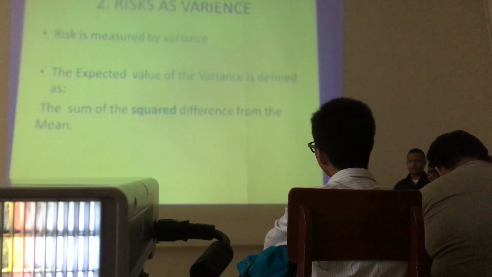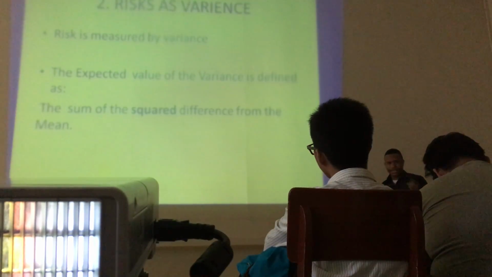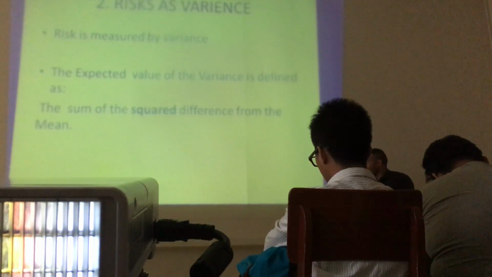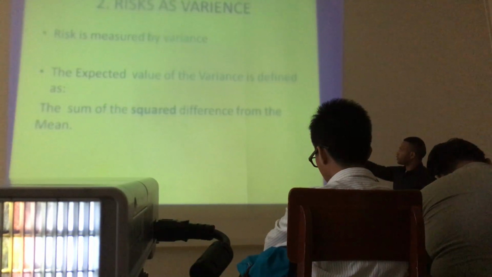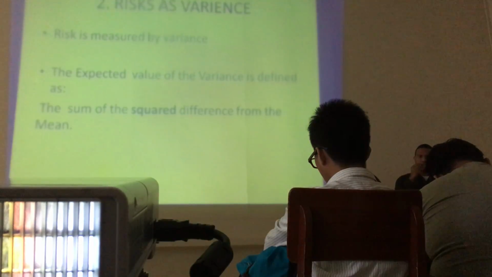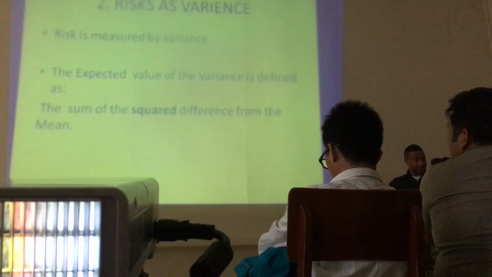It's simply the square of the given data minus the mean, the sum of the squared differences from the mean. So we will use variance to get the risk. The higher the variance, the higher the risk.